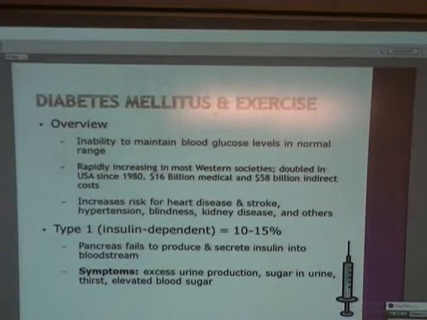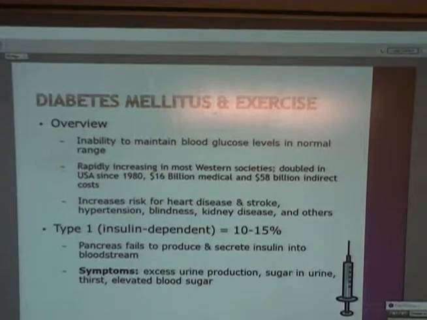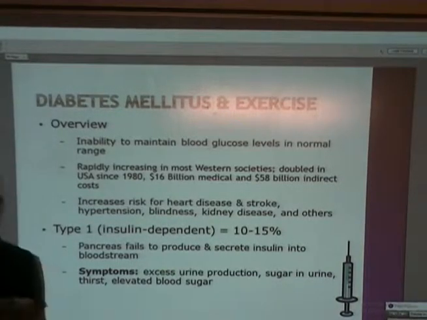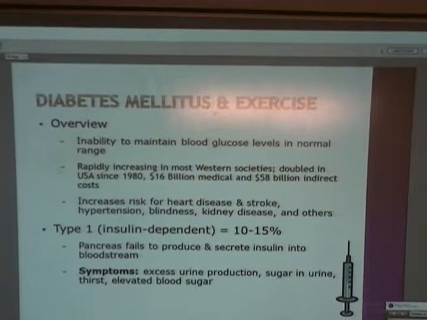What that means then is that your body can't take carbohydrate out from the bloodstream and store it in the tissue for later use. So people who have diabetes, whether it's type 1 or type 2, have very high blood glucose levels because the ability to transport the carbohydrate out of the bloodstream is depressed.